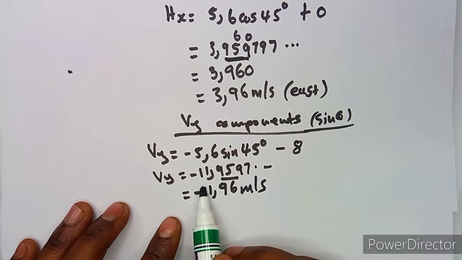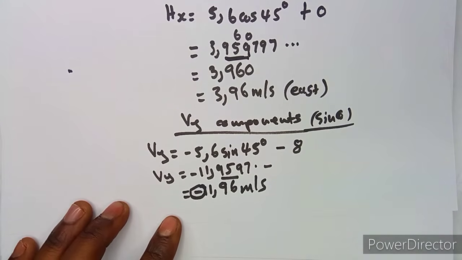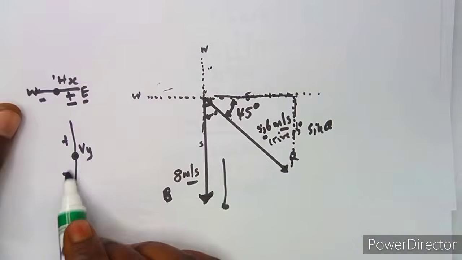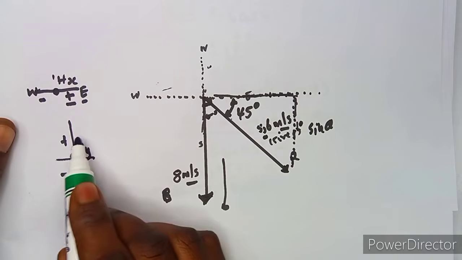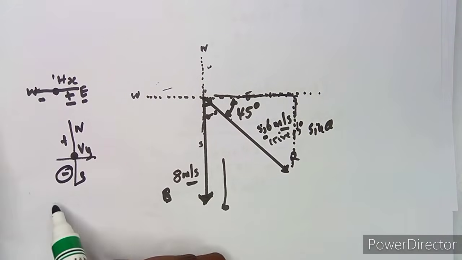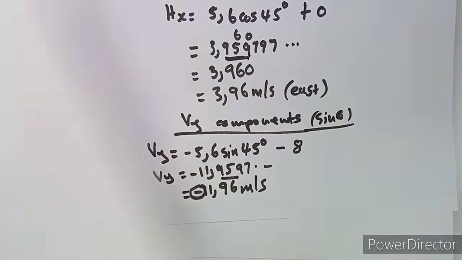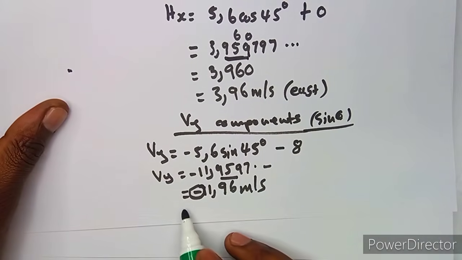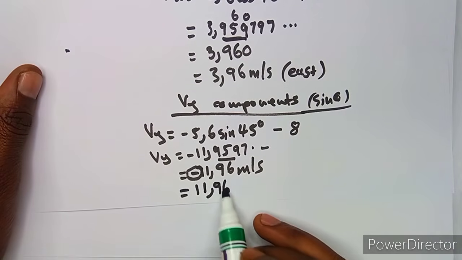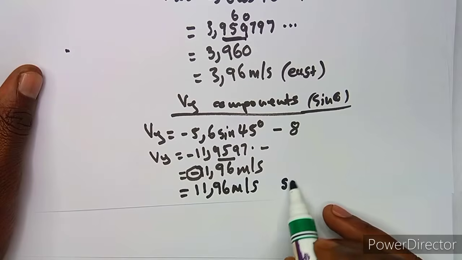Okay, so what is this negative representing? Negative is representing the direction, to show that it's in the south direction, because vertical can be north or can be south. So the negative just indicates that it's in the south direction. So you are going to write it without a negative. So you write it as 11,96 meters per second south.